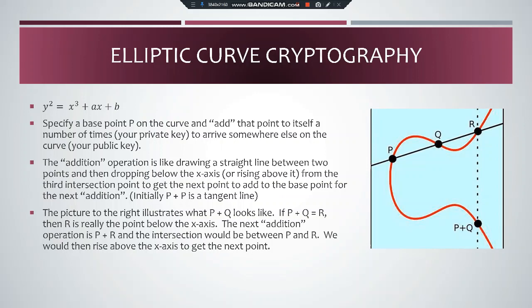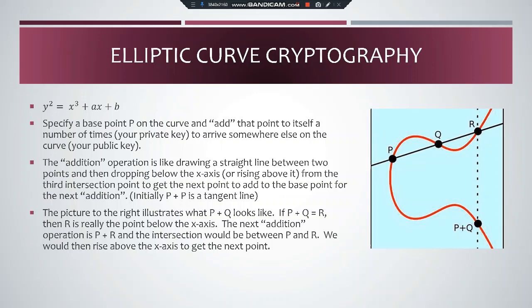The picture on the right illustrates what P plus Q looks like. You end up with the point R. Of course, if you could imagine R being the point below the x-axis, though not above it, because you would then drop down below it. And then to add P plus R, you can see that the intersection point would be somewhere in the middle of those 2 points, and then you would rise above the x-axis to its corresponding positive y value on that curve.